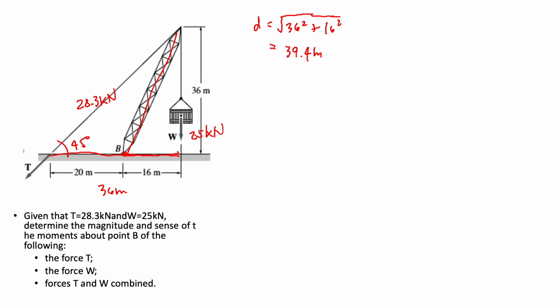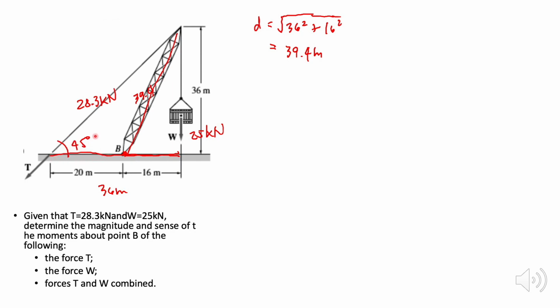So the length of B is 39.4. Okay, now given this 45 degrees and the length of this, and we are also given 28.3 here.